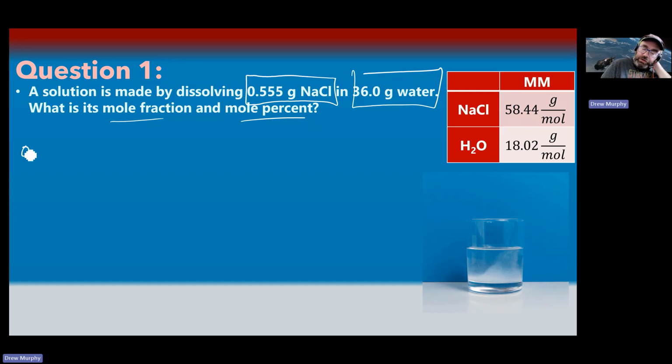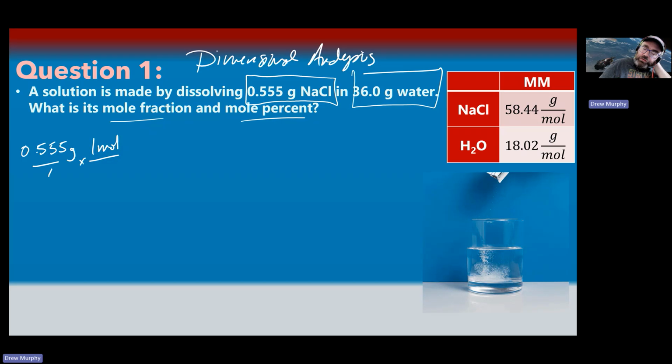So 0.555 grams sodium chloride, and we're going to use our favorite, dimensional analysis. We're given the molar mass 58.44 grams per mole.